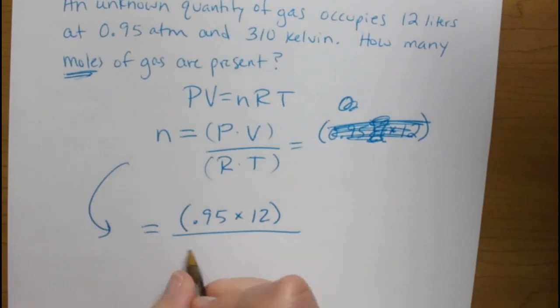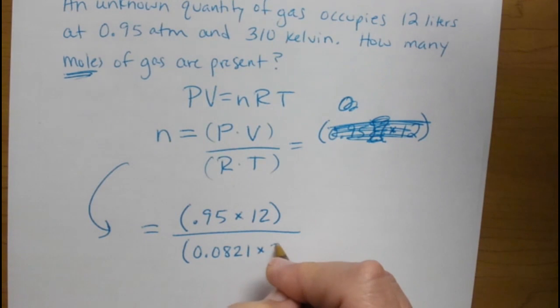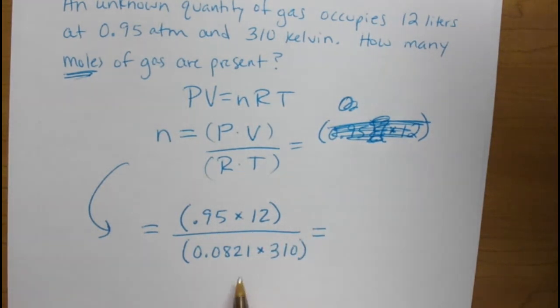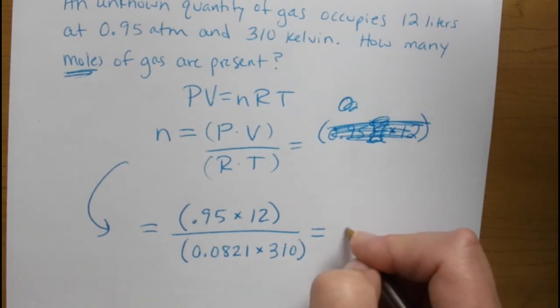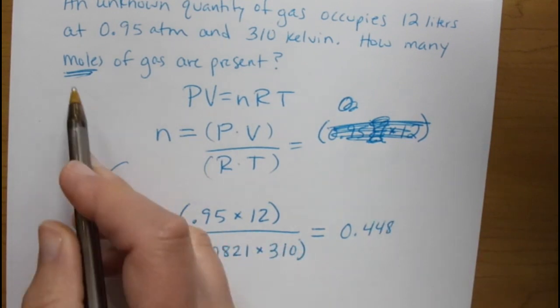So every time you see R, we're going to put 0.0821 times temperature, and our temperature is 310 Kelvin. So we just put this in our calculator, 0.95 times 12 divided by 0.0821 times 310, and we get 0.448, and we were solving for moles.